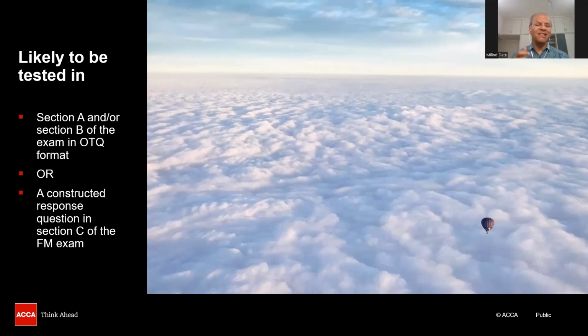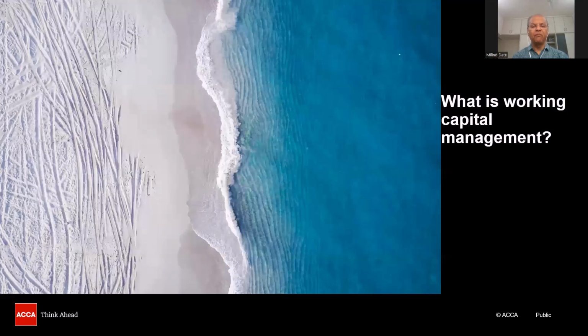It will essentially include application of what you have learned. So with that set of mind, you should be able to look at how working capital management needs to be learned for the AFM examination.